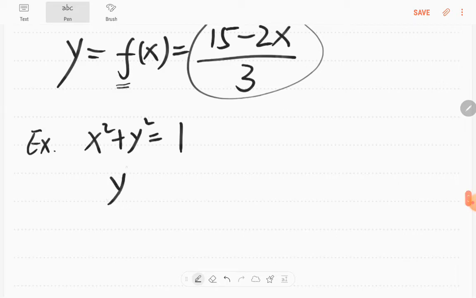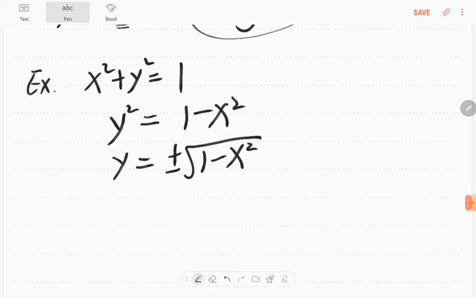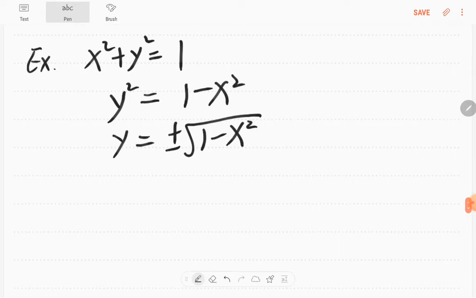So let's try to solve for y. y squared equals 1 minus x squared, right? So y equals plus or minus the square root of 1 minus x squared. We take the square root, and you have plus or minus here, because when you square it, the minus disappears, so you still get y squared equals 1 minus x squared.